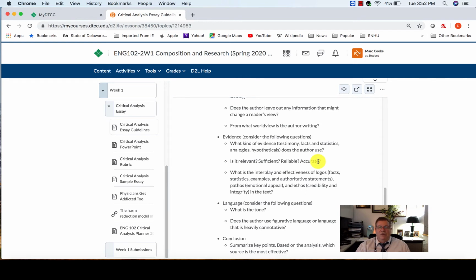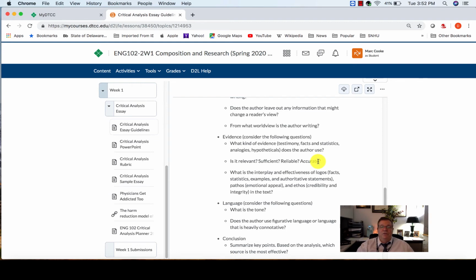Maybe even if you have your paper from English 101, the critical analysis paper or the analysis evaluation paper from the previous courses, you might be able to use that here because some of these terms were found in that. This really is a continuation of English 101, and this sort of is the segue into English 102.